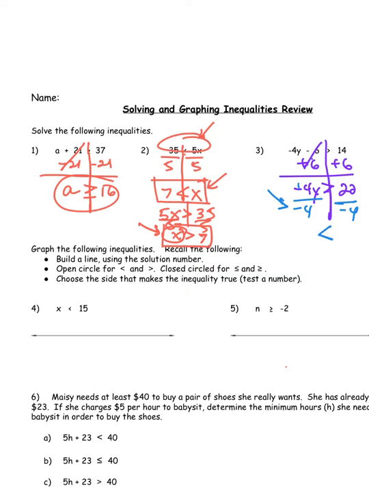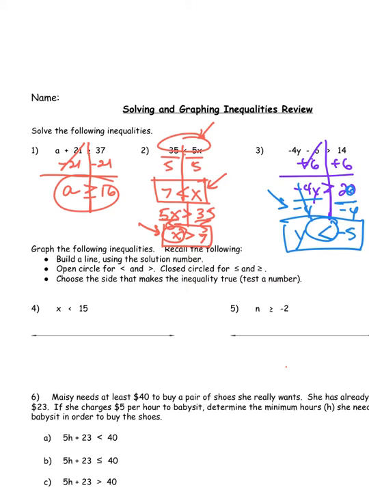Just like an equation, these two cancel each other out, leaving y, and this should be a 20. 20 divided by negative 4 is negative 5. So when we divide or multiply by a negative when we solve inequalities, it switches the sign. So this should read y is less than negative 5.